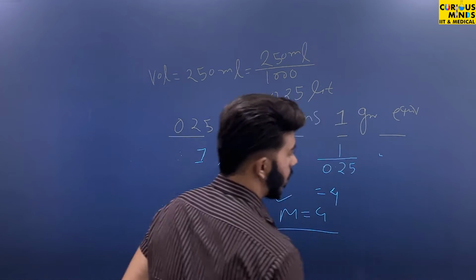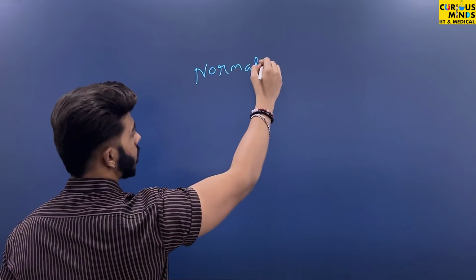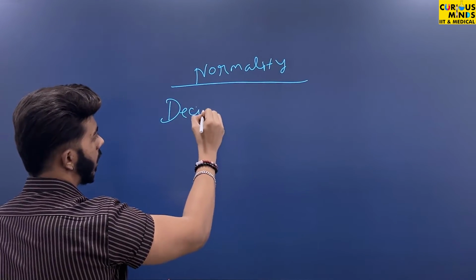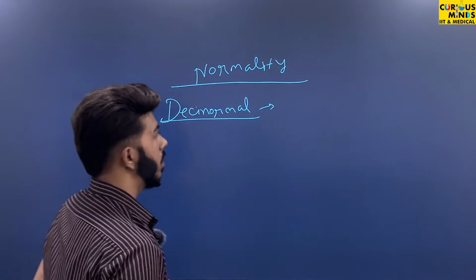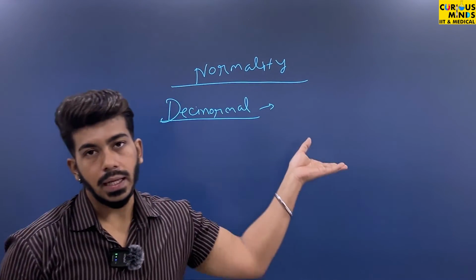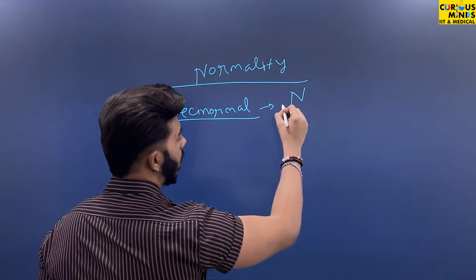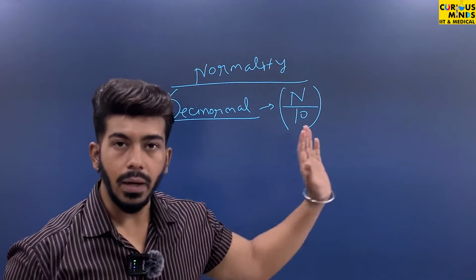And one more thing, if I talk about normality, there is a term called deci normal. In most of the questions you will see that deci normal will be there. What is deci normal? Deci normal is nothing but N by 10. कभी कभी ना deci normal लिखा रहेगा, कभी N by 10 लिखा रहेगा.